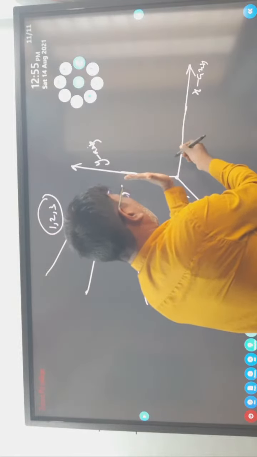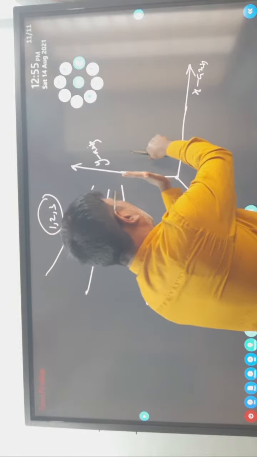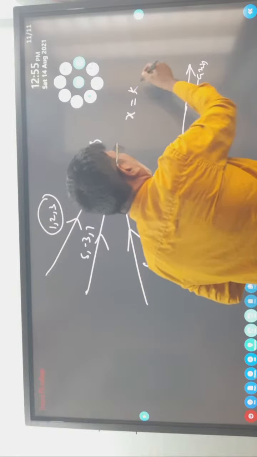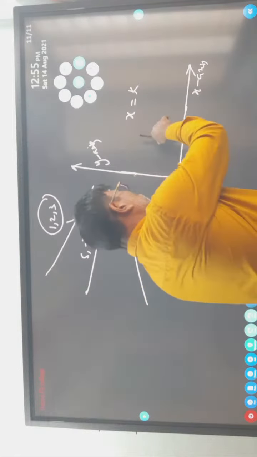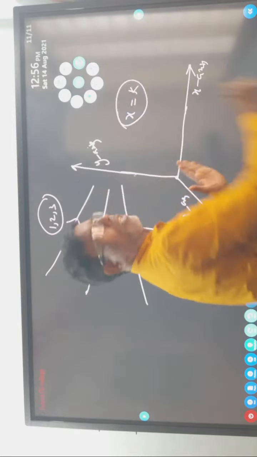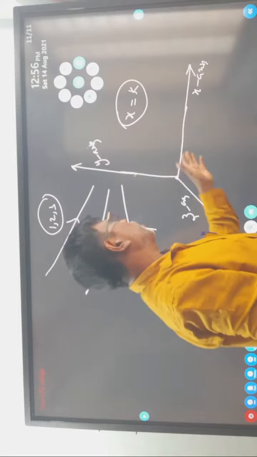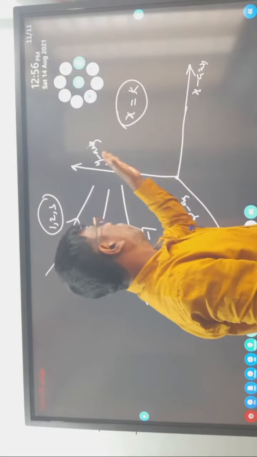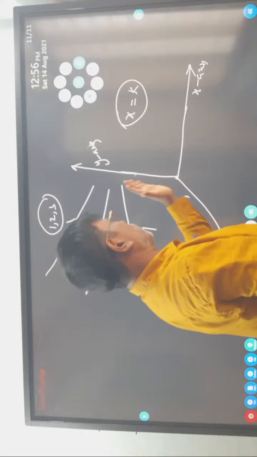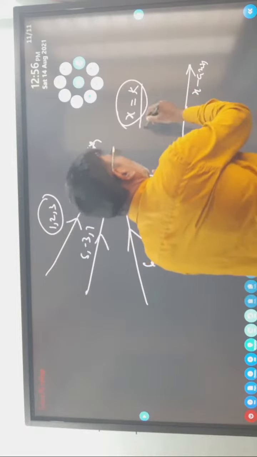This is the yz plane. The plane parallel to the yz plane is nothing but x equals k. The plane perpendicular to the x-axis is x equals k, so the plane perpendicular to the x-axis or parallel to the yz plane is x equals k.